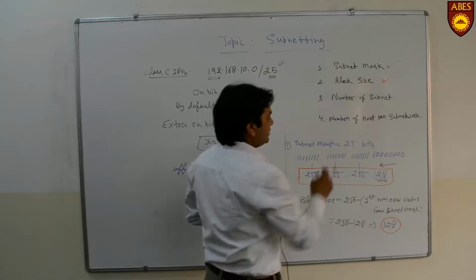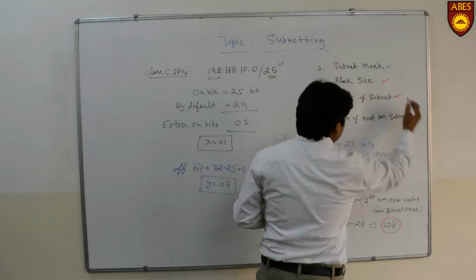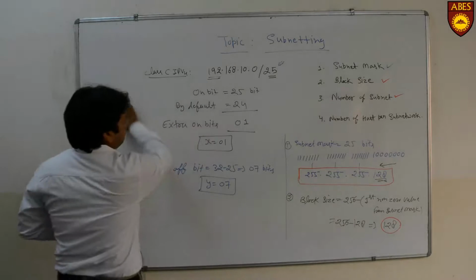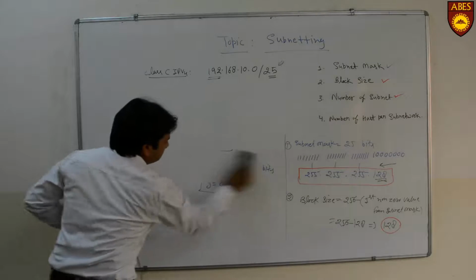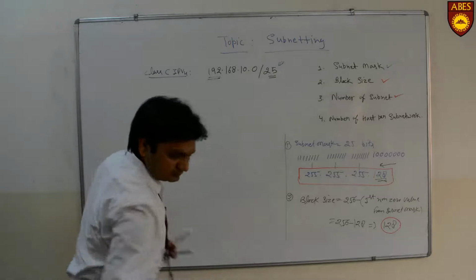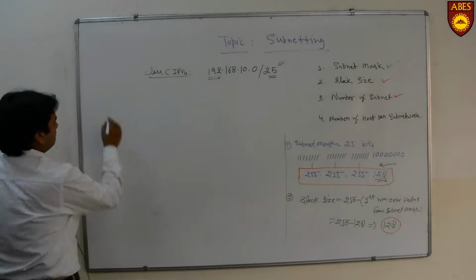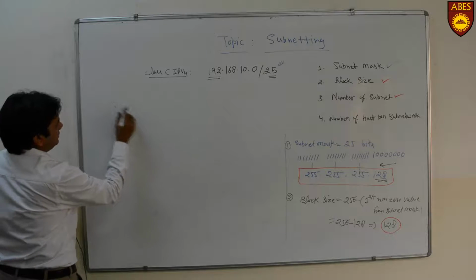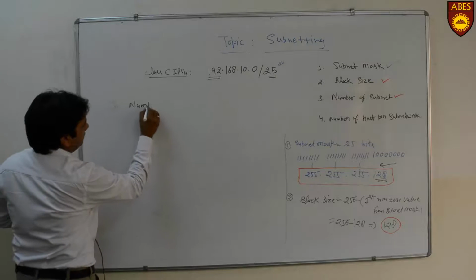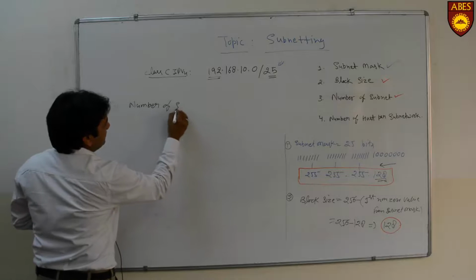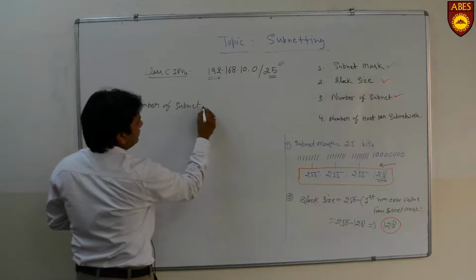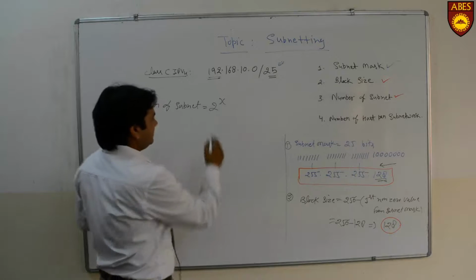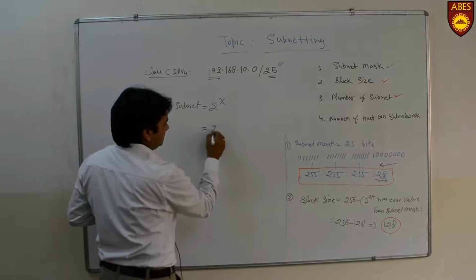Now consider the number of subnetworks, number 3. The number of subnets is 2 to the power x, and as we saw earlier, the value of x equals 1.